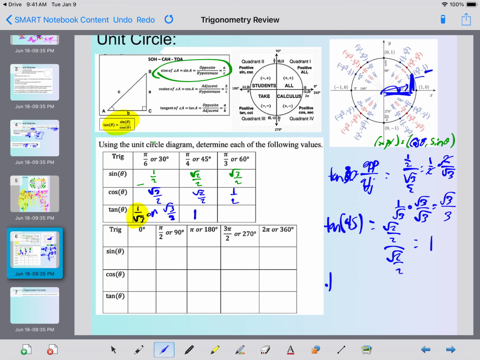What about tangent of 60? You're going to take radical 3 over 2 over 1/2. So do keep change flip. 2's cancel out. You get radical 3.